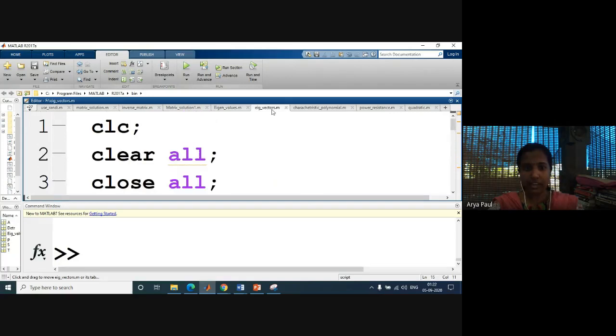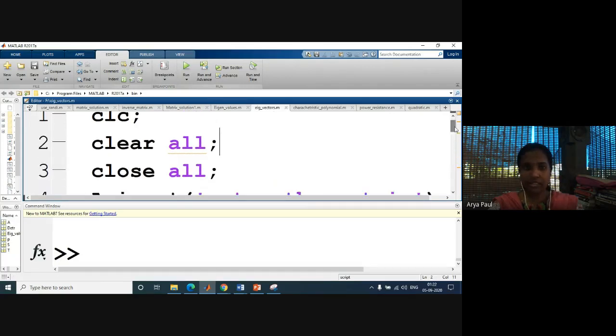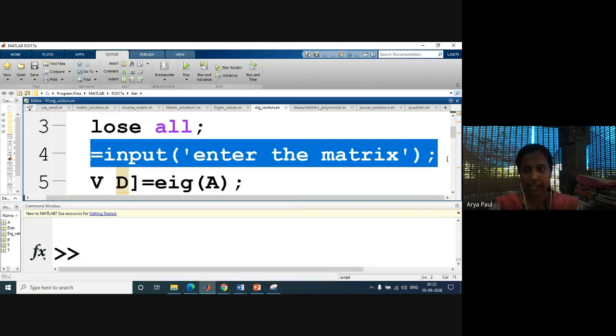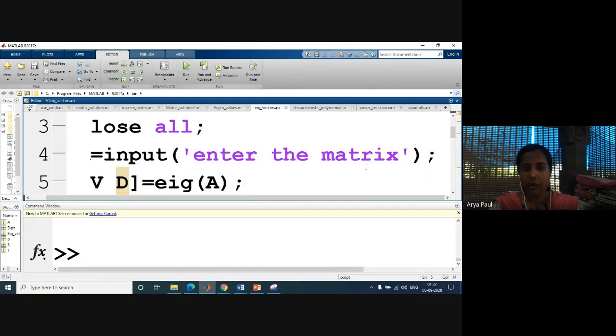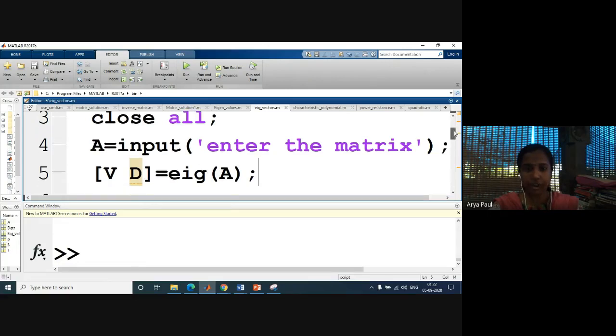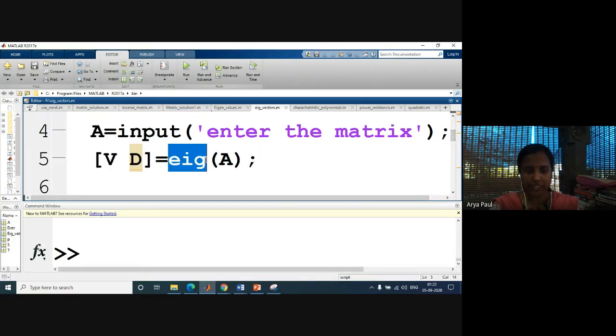Next, eigenvector. Similarly, input your matrix, enter the matrix A. Now how can you find the eigenvector? If you want to find the eigenvector, again use the eig function. eig is the built-in function used for finding the eigenvector as well as the eigenvalue.